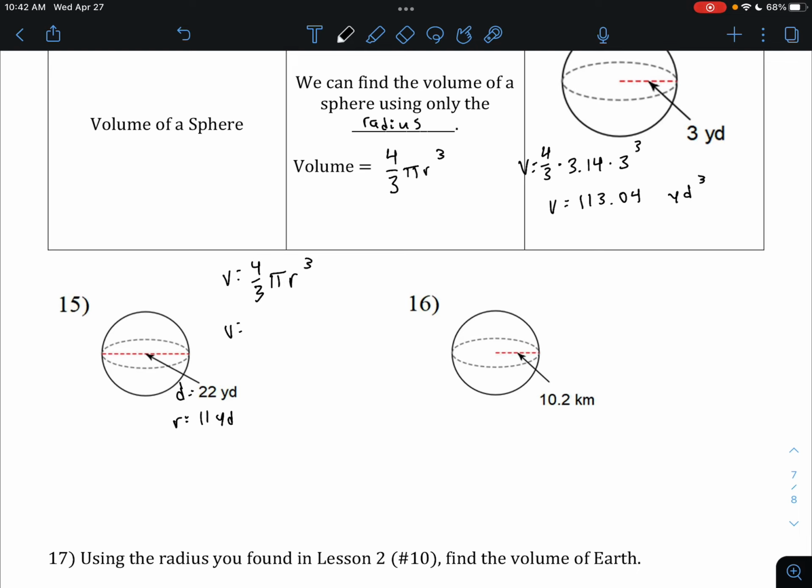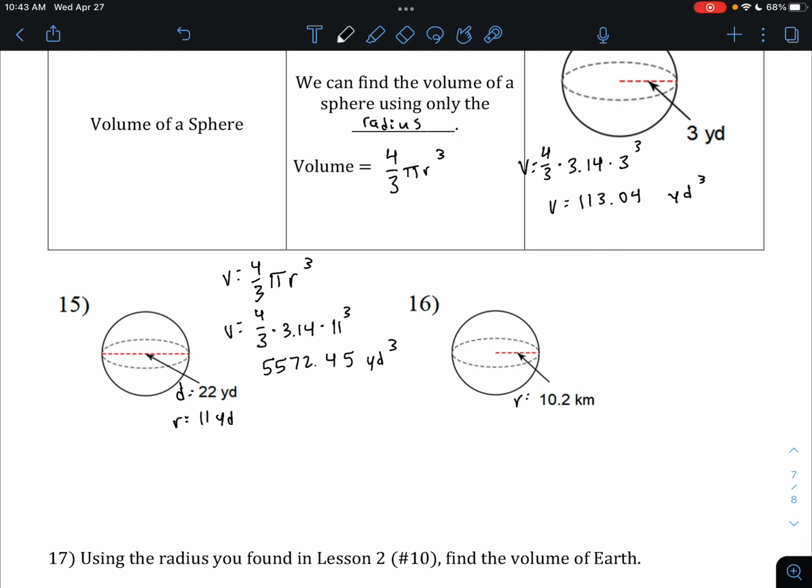So our volume is 4/3 times 3.14 times 11 cubed, which gives us 5,572.45 yards cubed. Now I'd like you to try 16 on your own and then check it once you have your answer.